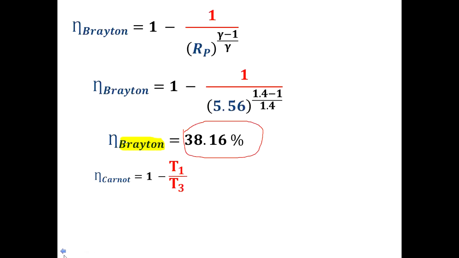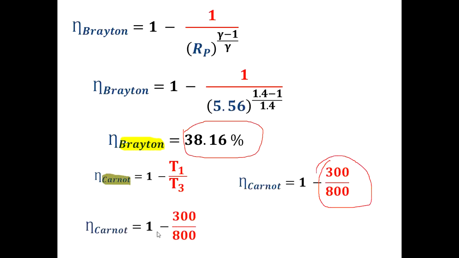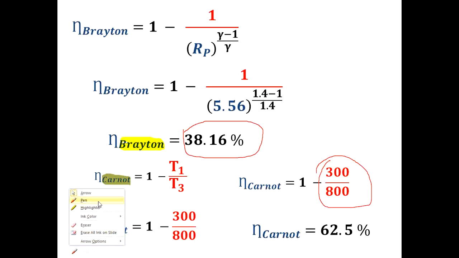Carnot efficiency is given by this, therefore Carnot efficiency is 62.5%. And you will come to know that Carnot efficiency is always greater than the Brayton efficiency. Thank you one and all.